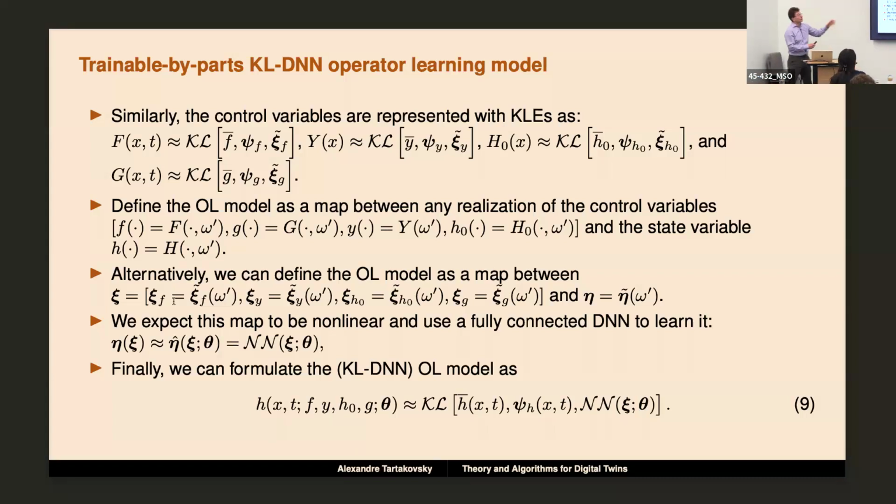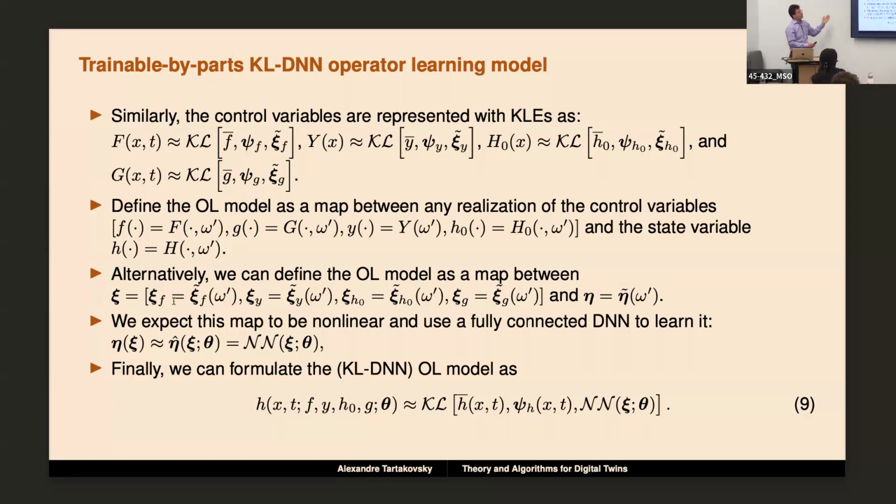Now, having all these scale expansions, we can define the operator learning model as a map between any realization of the control variable that corresponds to this instance omega prime of omega and the instance of the state variable H. So we have a map from the control variables to the system state.